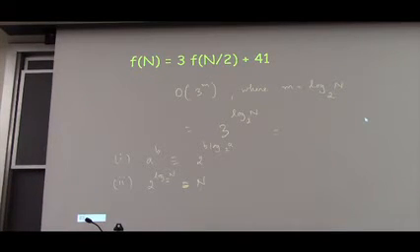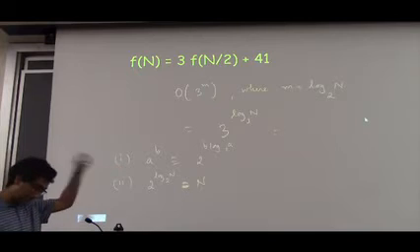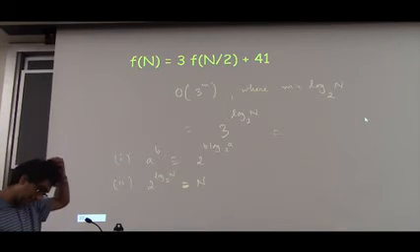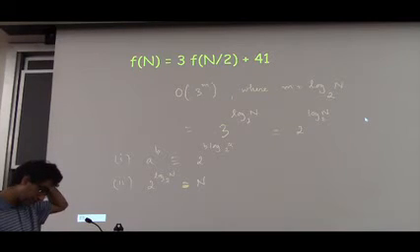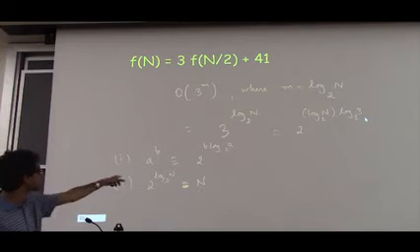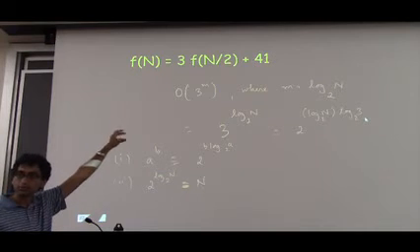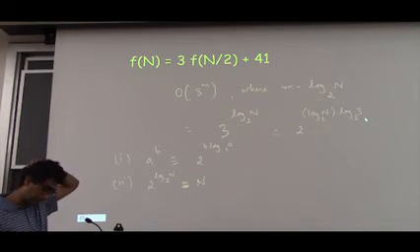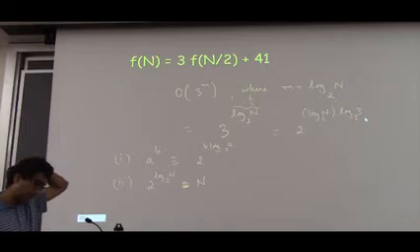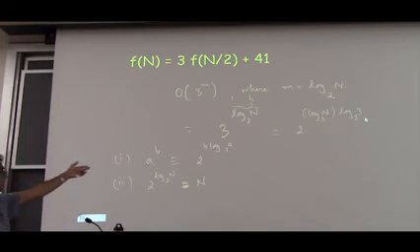Let's fill this. Okay, so now you can just write this as 2 to the log n to the base 2 times log 3 to the base 2. Right, so I'm just using this formula. I'm thinking of b as being log n to the base 2, and a is 3.